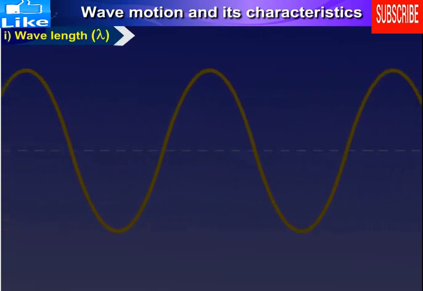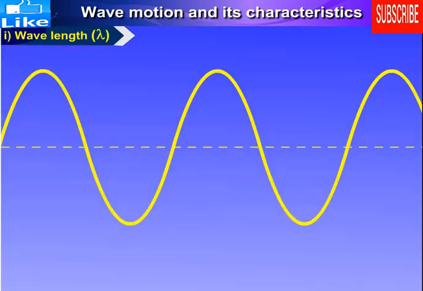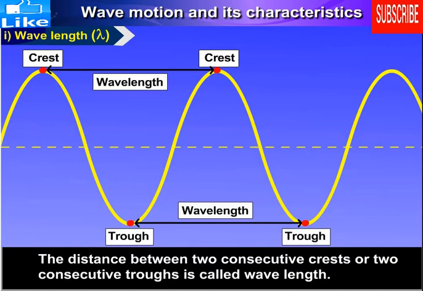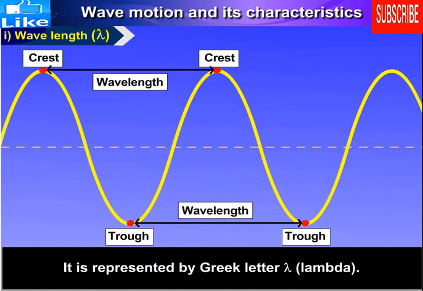1. Wavelength, lambda. The distance between two consecutive crests, or two consecutive troughs, is called wavelength. It is represented by the Greek letter lambda.